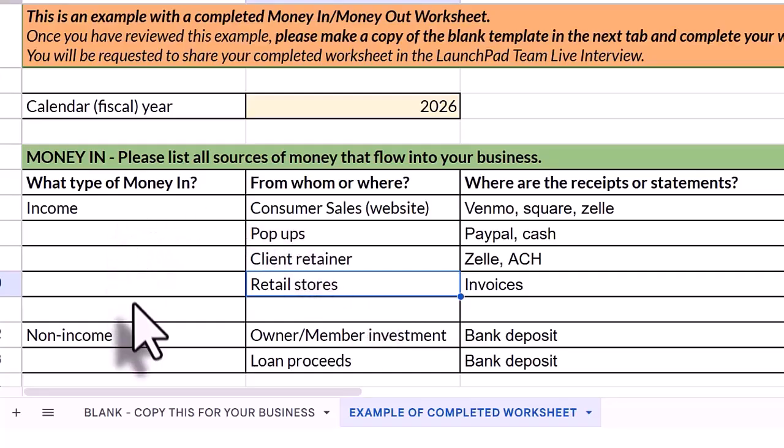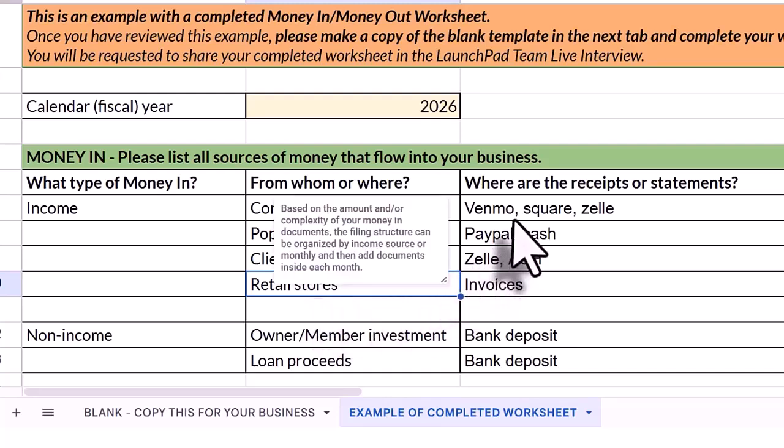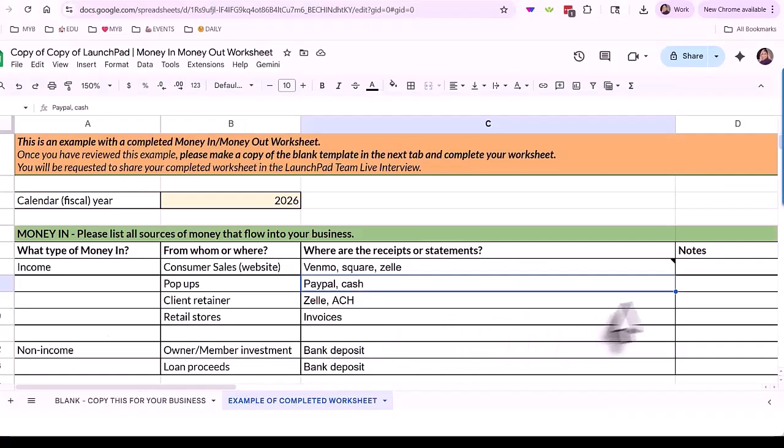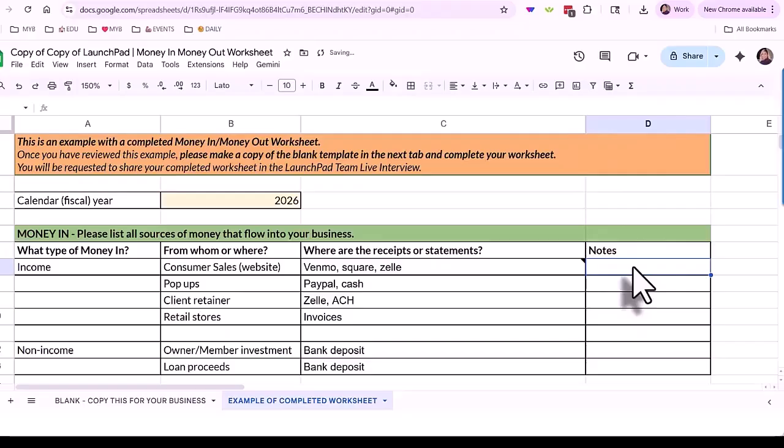So all of this is income, and this is from whom or from what we receive the income. And this would be the proof of where we could find those transactions. Always use the notes area to provide additional details to those transactions. So again, we're thinking about income from an income stream perspective.